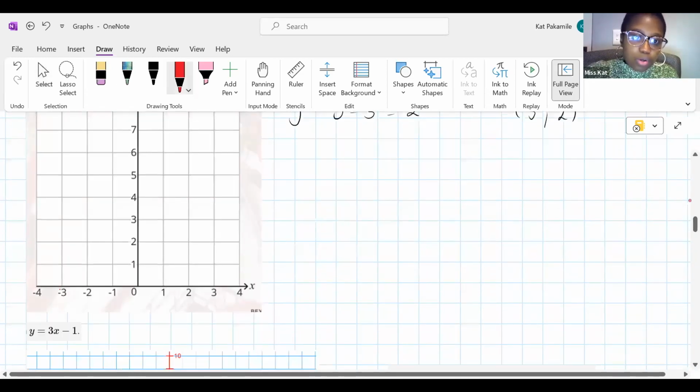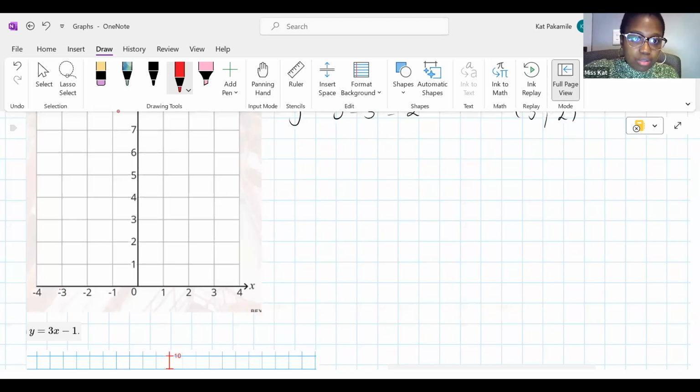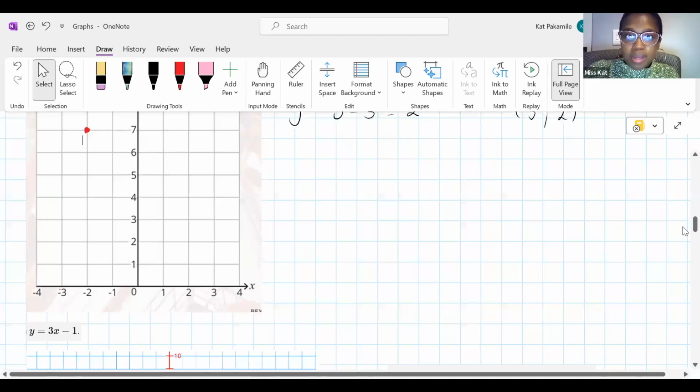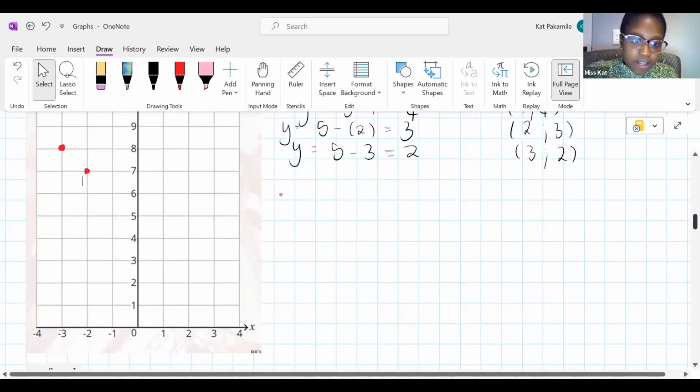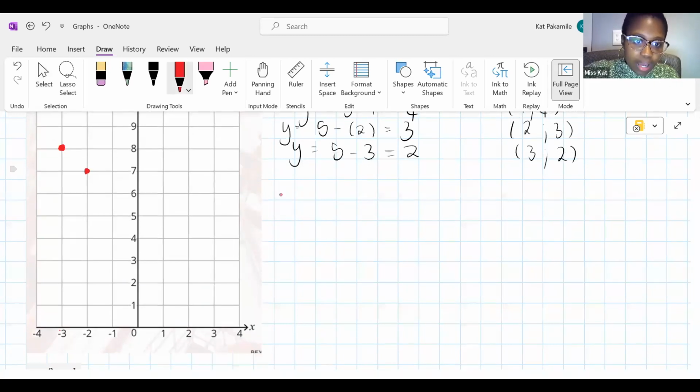So I'm going to go to -2 on my x-axis, and plot where it meets with 7. All right, I hope everyone is still with me. Then I'm going to go to -1 and 6, so -1 up to where it meets with 6. Then the next one is 0 and 5. Then 1 and 4, 2 and 3, and 3 and 2.